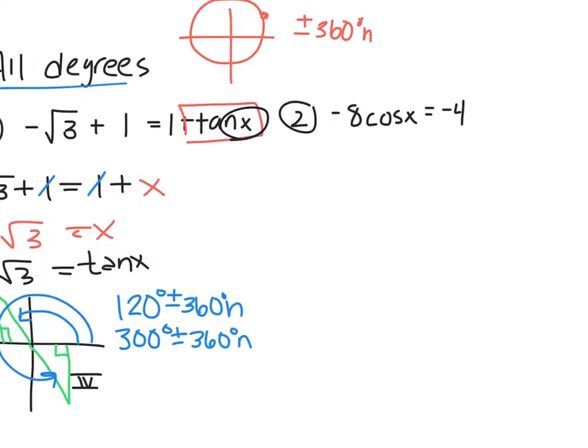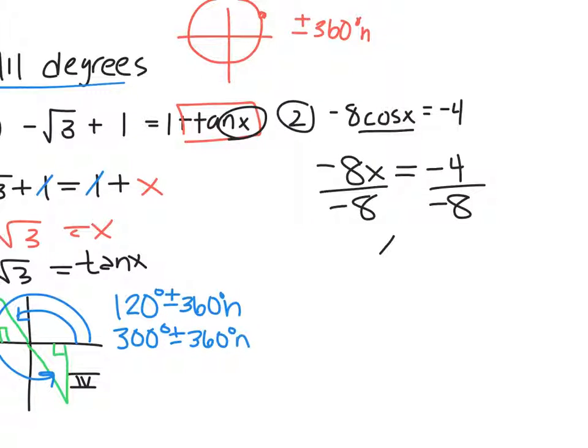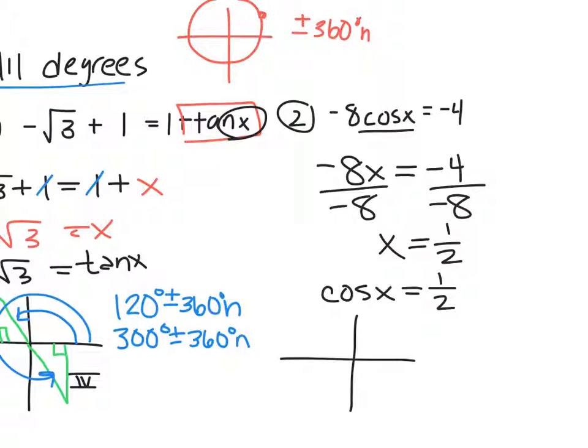Okay, number 2. I'm going to do my strategy of substituting the cosine of x, writing an x, solve for x, and then substituting cosine of x equals 1/2. So what angles will give you a cosine that's 1/2? So if I look at my unit circle, where is the x going to be positive?